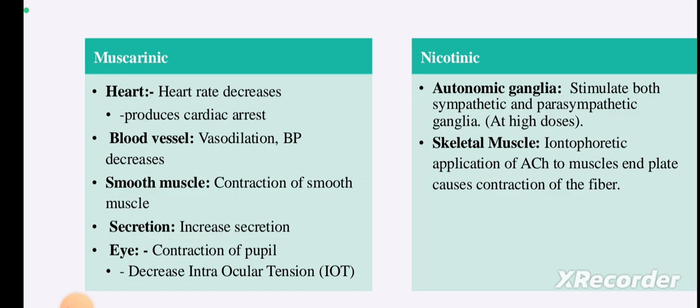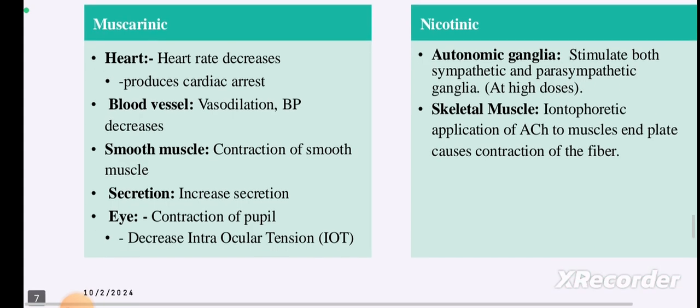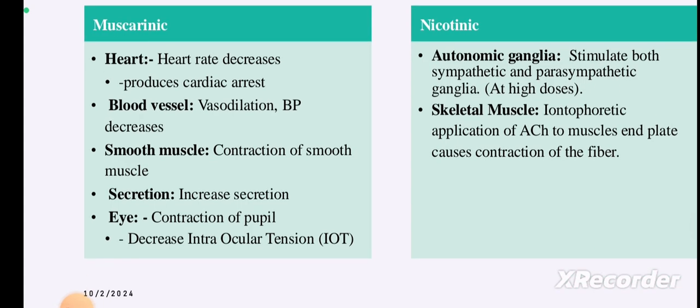Heart rate decreases and it can produce cardiac arrest. Blood vessels: vasodilation, BP decreases. Smooth muscle: contraction of smooth muscle. Secretion: increased secretion. Eye: contraction of pupil, decreased intraocular tension. Intraocular tension can be called the pressure that is applied on the optic nerve.